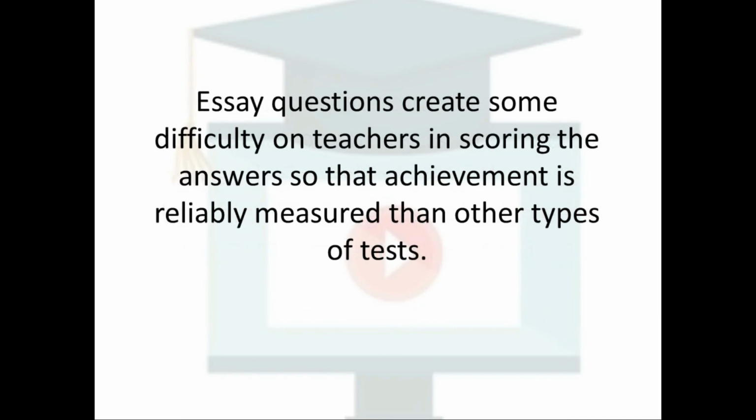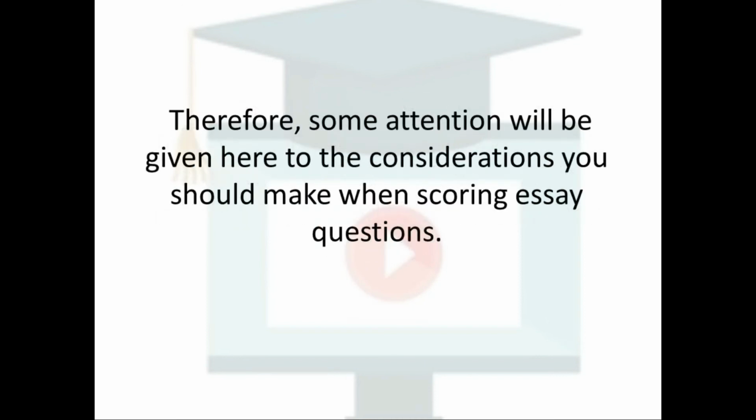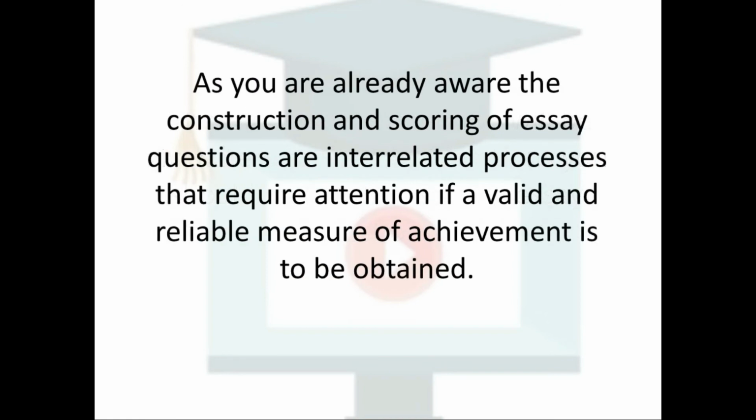Essay questions create some difficulty for teachers in scoring the answers, so that achievement is reliably measured, more than other types of tests. Therefore, some attention will be given here to the considerations you should make when scoring essay questions. As you are already aware, the construction and scoring of essay questions are interrelated processes that require attention if a valid and reliable measure of achievement is to be obtained.